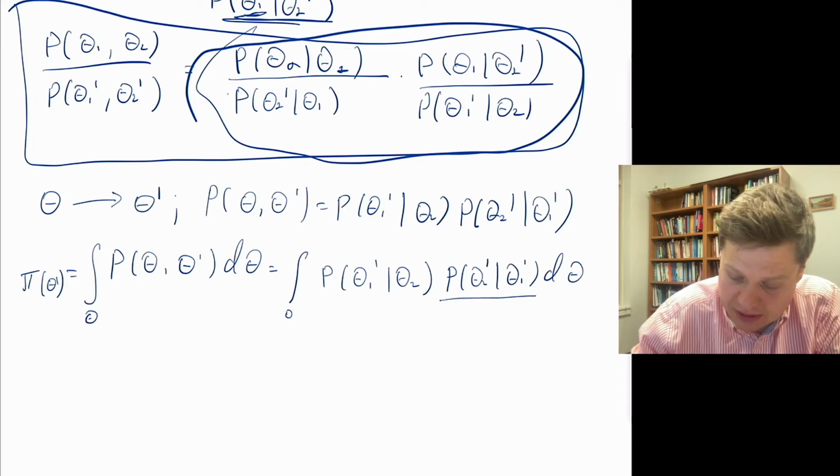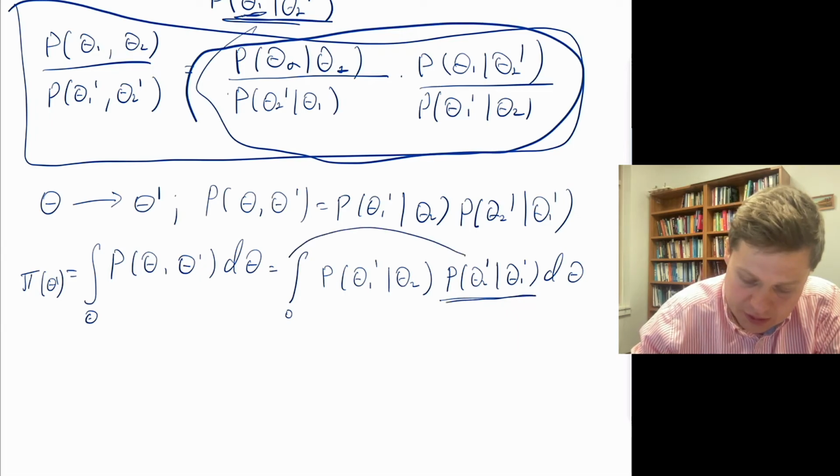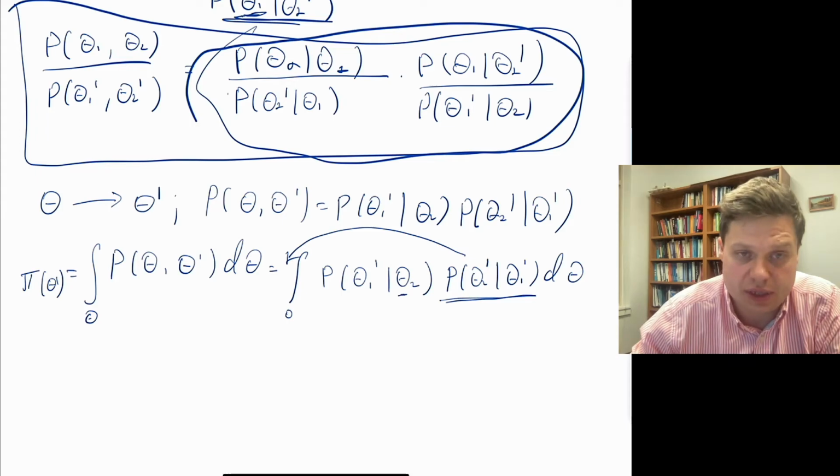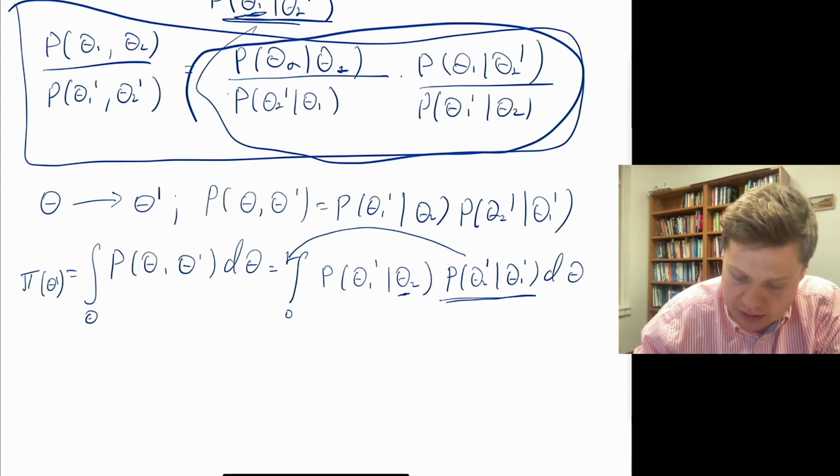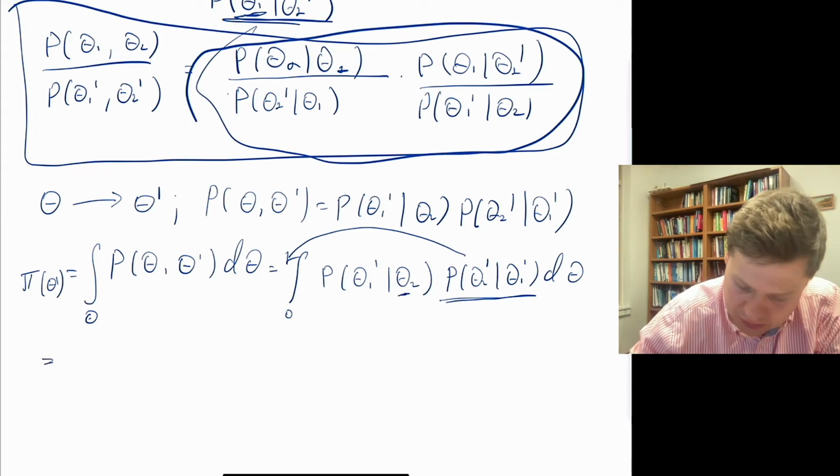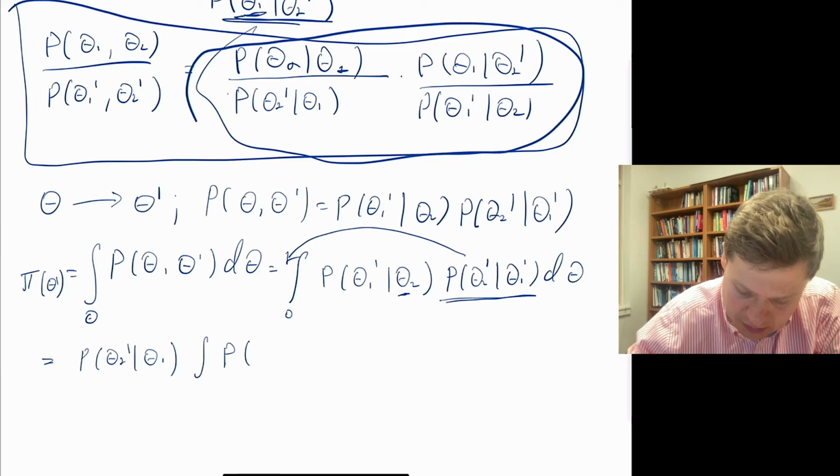So this part does not really depend on theta, so that can come out of the integral. So the only part here that depends on the integral is this Q2. And then we're going to do a little trick. So let me write it down. So it's P of theta 2 prime given theta 1, and then we're going to integrate P of theta 1 prime given theta 2, d theta.